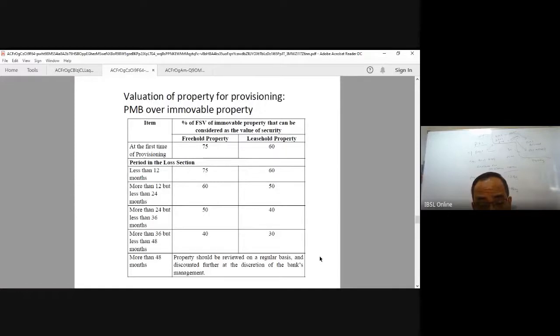Like that, progressively, when it is more than 24 months from the point it has got into loss section, up to 36, it is 50%. You can take 50%. More than 36, but less than 48 months, it is 40% you can take.